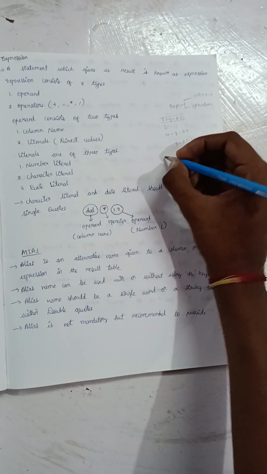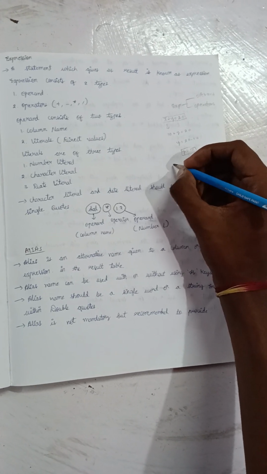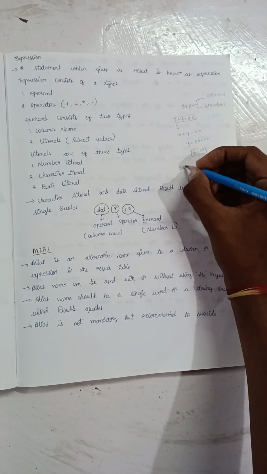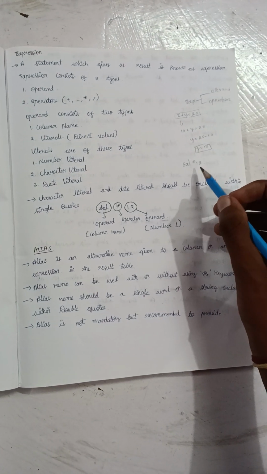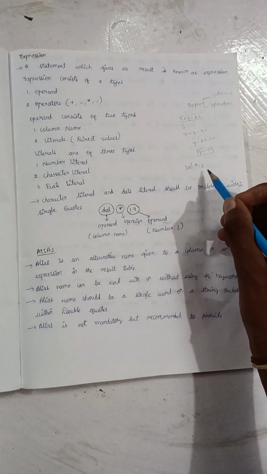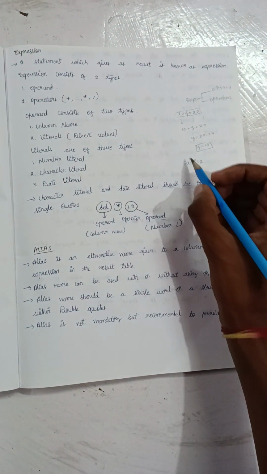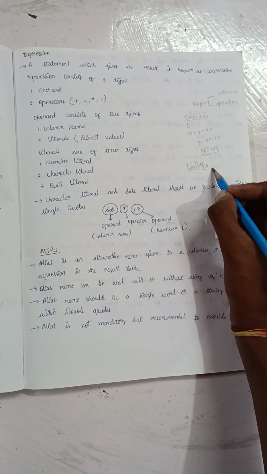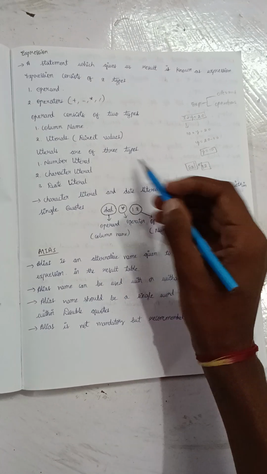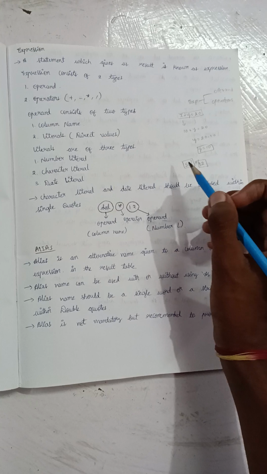For example, suppose we want to know the annual salary, so we multiply the salary by 12 so that we can get the annual salary. Here the column name is salary and 12 is the number literal; it is known as a literal, specifically a number literal.